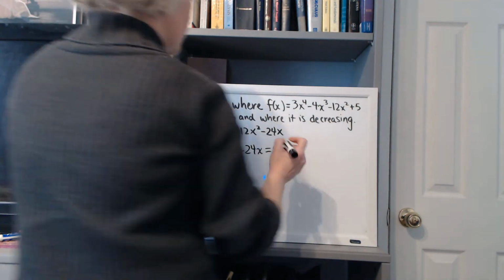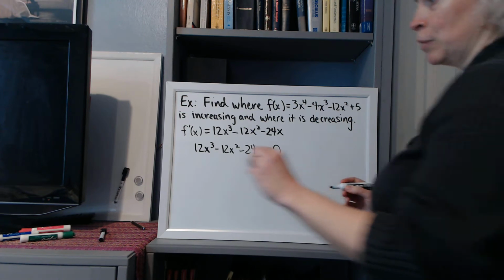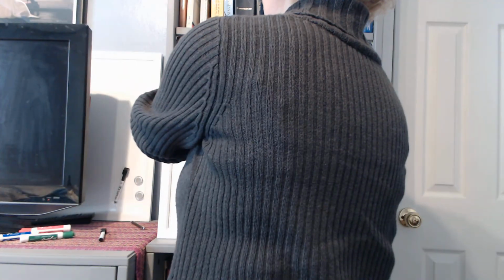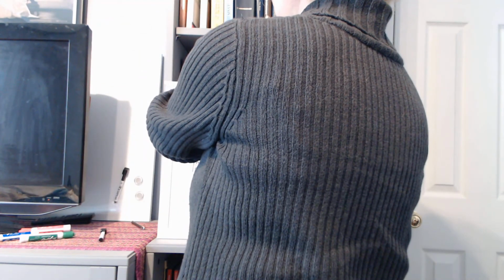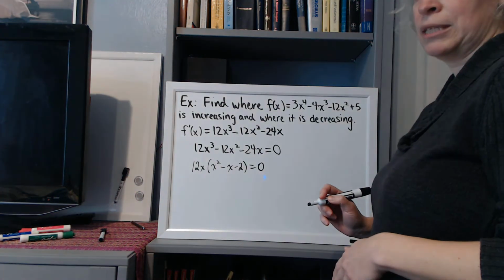So when we set this equal to 0, of course what we want to do is factor so that we can find the places where this is 0. First thing, we're going to pull out the like terms. So we're going to get 12x times the quantity x squared minus x minus 2. And now we want to factor x squared minus x minus 2. And we're going to get 12x times the quantity x minus 2 times x plus 1 equals 0.